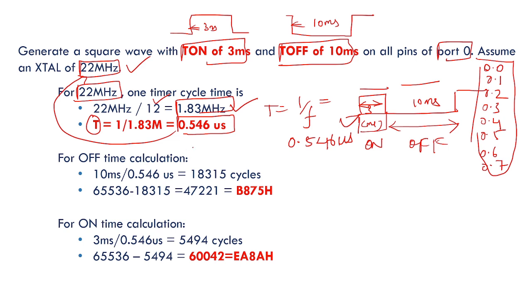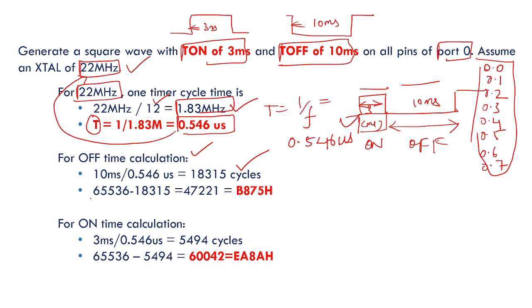Similarly, now we will go for off time calculation. For off time, it's 10 milliseconds. The delay, 10 milliseconds, divided by the machine cycle execution time, 0.546 microseconds, you will get 18315 cycles.